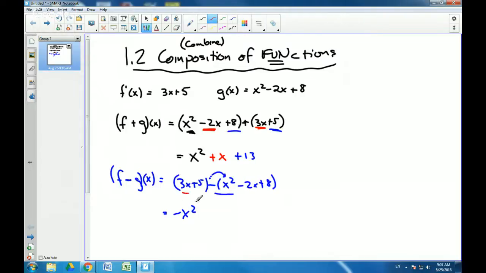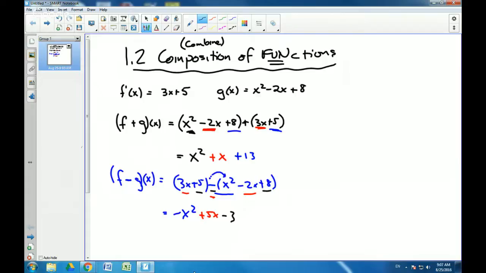Then we do 3x minus negative 2x. And 5 minus 8 plus 2. We're at minus 2. Again, be careful with that minus, because it does the shift.